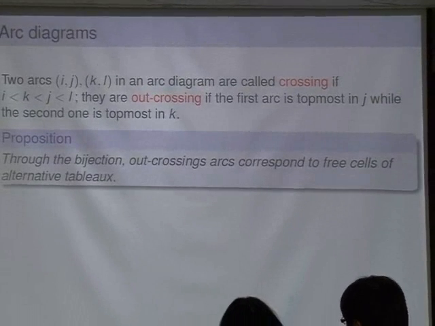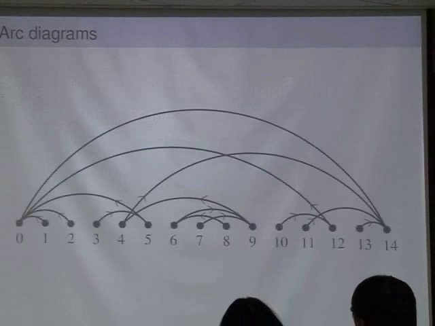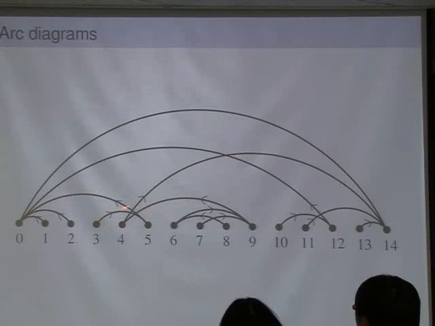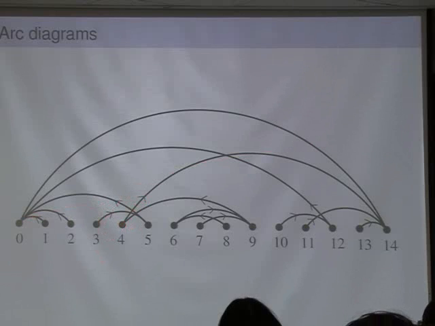Don't read the definition, but outcrossing means two arcs that are crossing, plus the arrows go this way, to the outside. So you have a crossing of arcs, but a particular crossing so that the arrows go from this to the outside and from this to the outside.